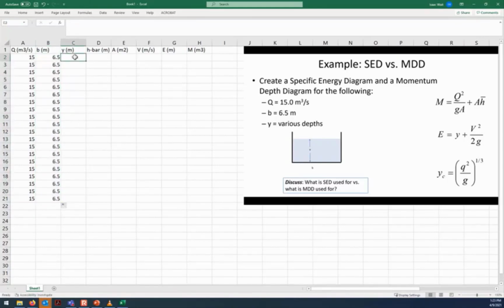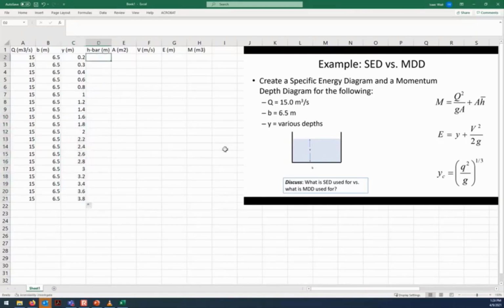If the channel is steep, then you might have a shallow depth. Not 0.02, 0.2. It could be 0.2 if it's a really steep channel, or 0.3 or 0.4. Let me do a variety of depths: 0.8, 1, 1.2, 1.4. I'll just do it in increments of 0.2 through the entire series.